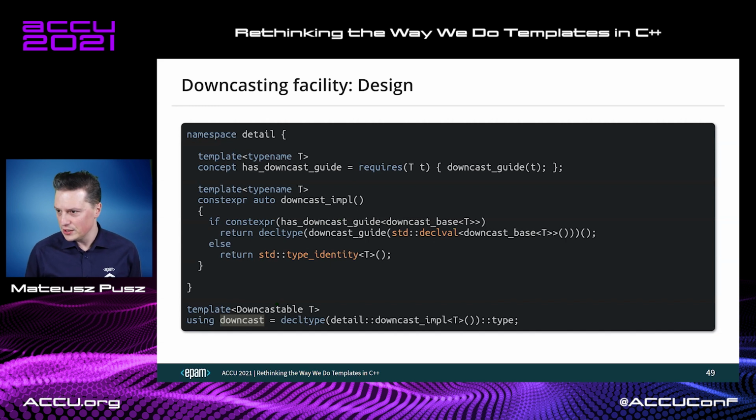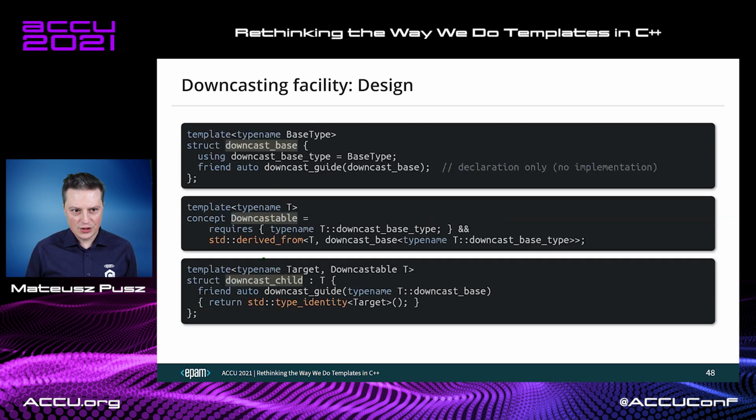The downcastable context here, right? On the previous slide, I showed that it checks if there is a downcast base type inside and if actually it derives from the downcast base. So I think it's enough to make sure that this class was meant to be used with the downcastable feature.